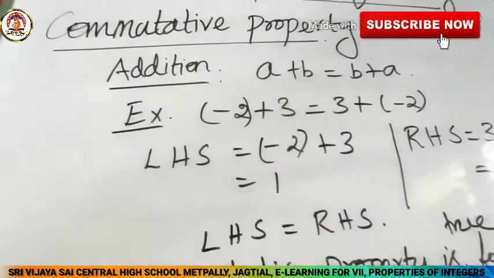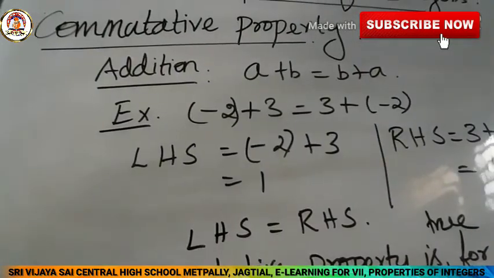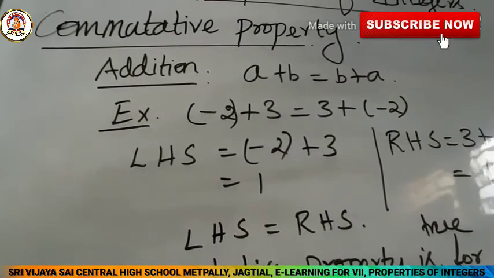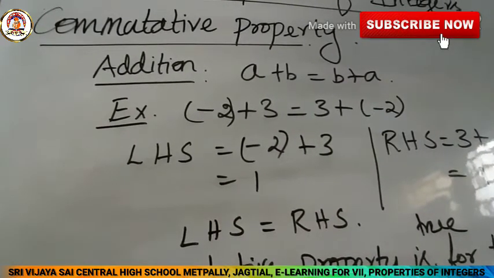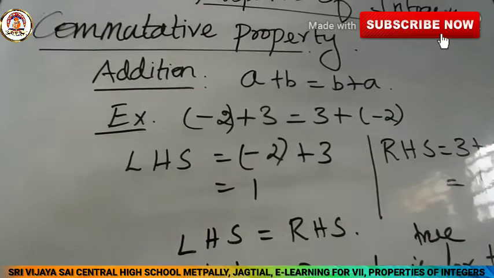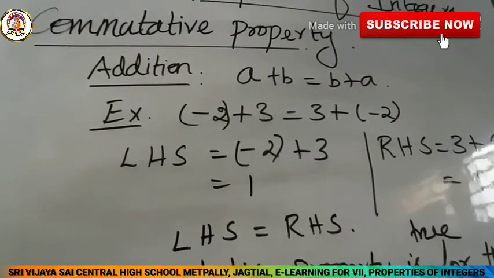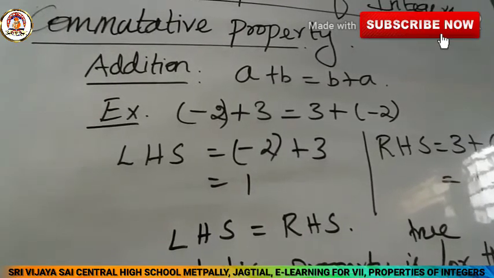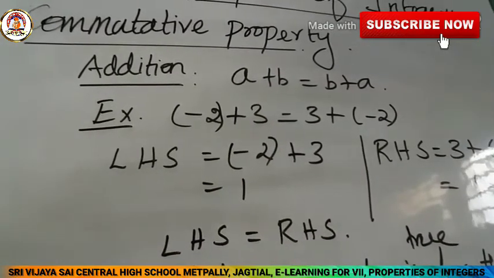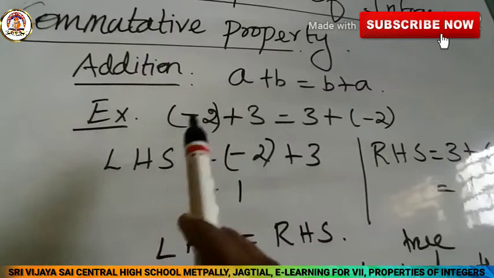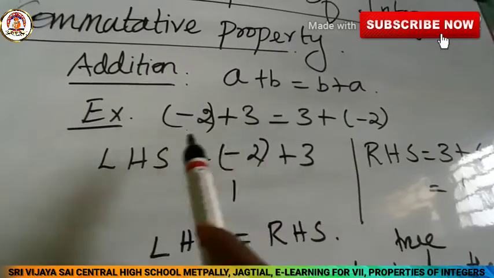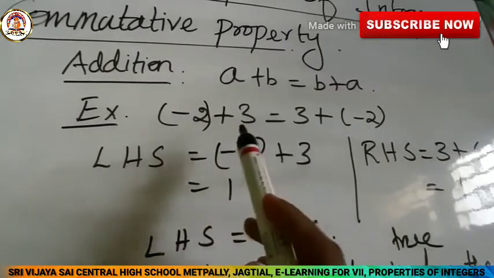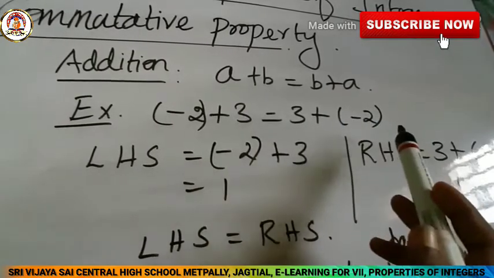The commutative property is when you add two numbers in one order or in the vice versa order, the answer will be the same. Here a plus b is equal to b plus a. In place of a and b, we replace numbers: -2 and +3, and the vice versa, 3 plus -2.